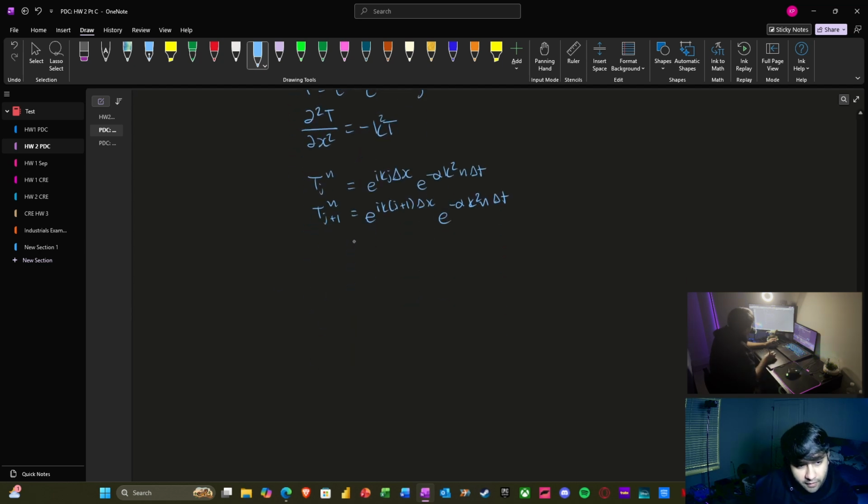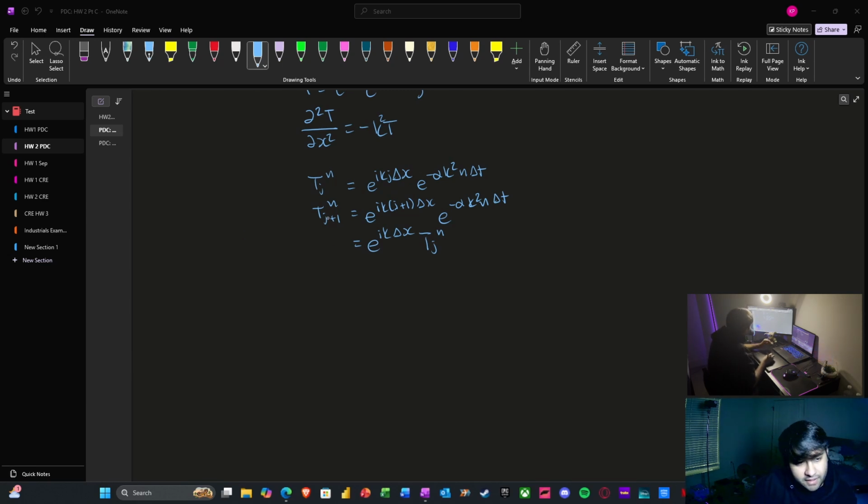And then we're going to simplify this equation down, and we can see that Tjn is pretty much the same right here. So if we were to smooth this out, you get e to the ik times delta x times our Tjn.